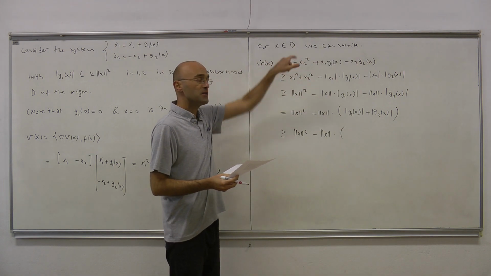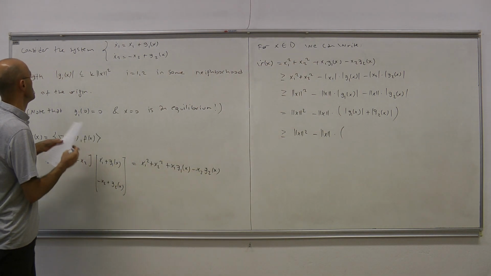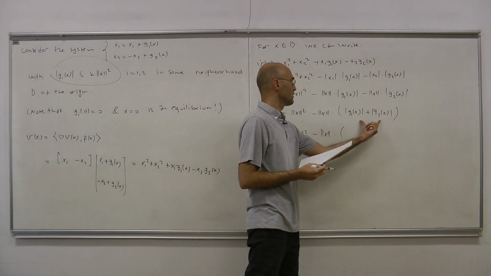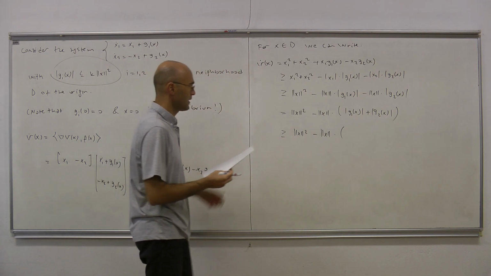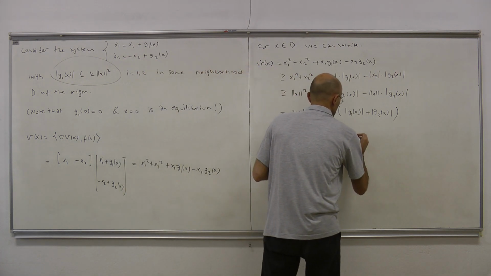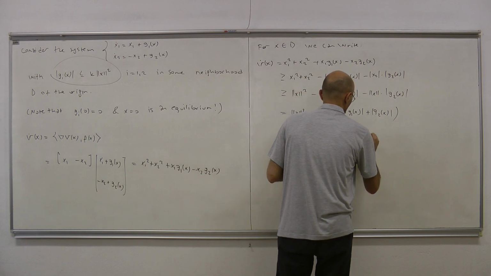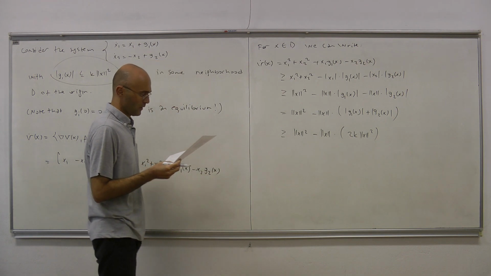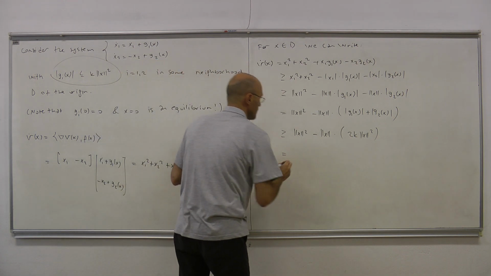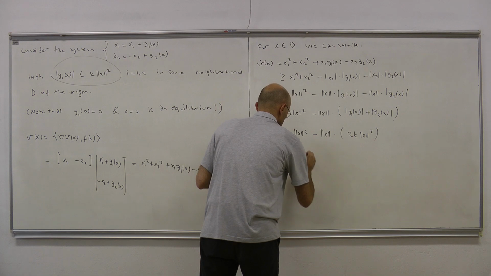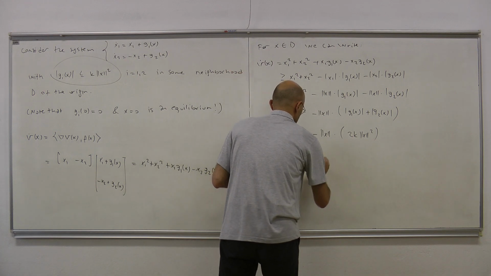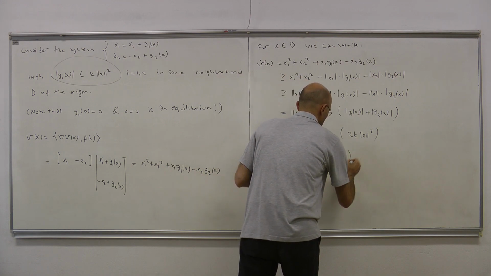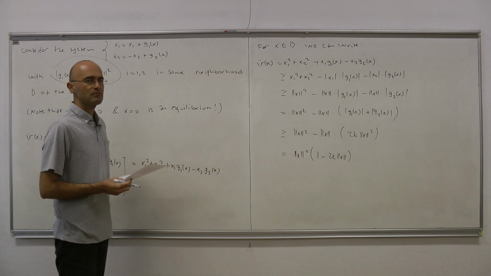Because we are in this neighborhood, we can use this inequality and upper bound those two things. And we have therefore 2k norm of x squared. And that we can write as norm of x squared times 1 minus 2k norm of x.